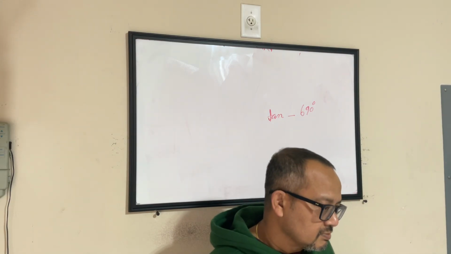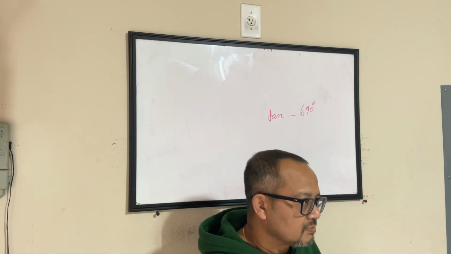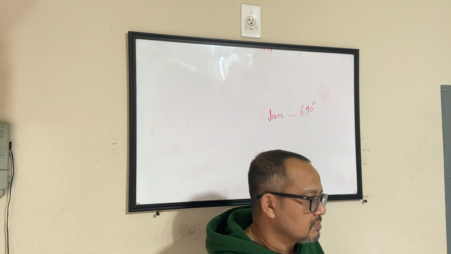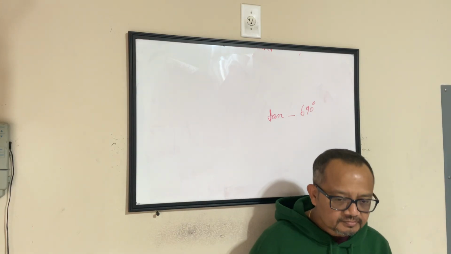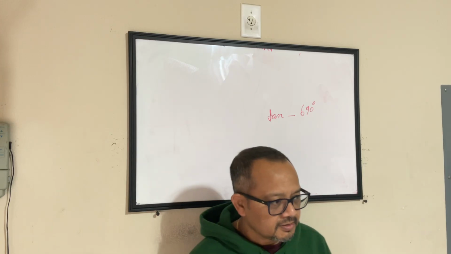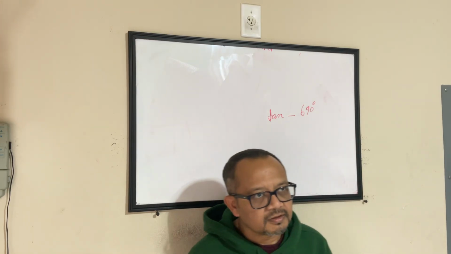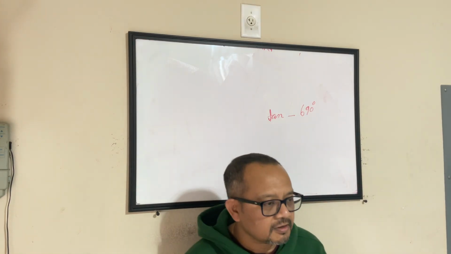So if you divide both of them, you get square root 3. And since tan is negative, I got negative square root 3, I think.